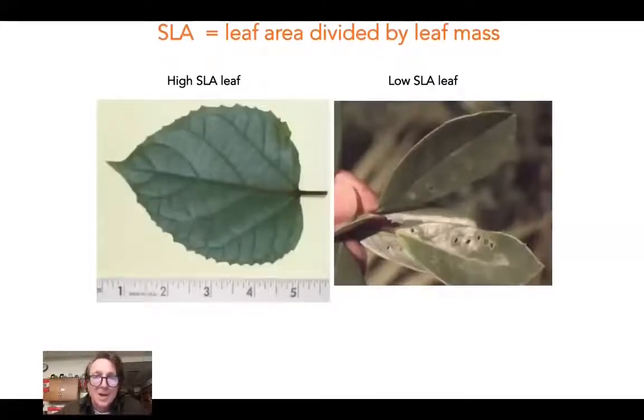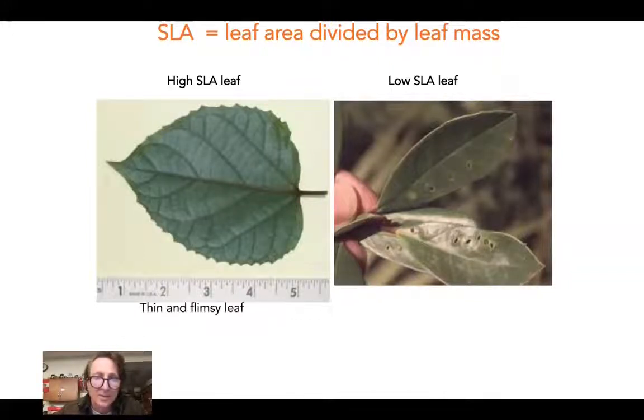All right, so SLA. This is a trait that we'll likely be talking a lot about. SLA is the leaf area, that is the area of the leaf, divided by the mass of the leaf, that is how heavy the leaf is. A low SLA leaf, think of it as a very thick leaf or a leathery leaf, a leaf that's very hard to break.